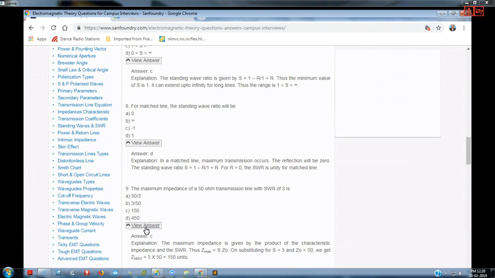If you take the other ratio, that is R0 by RL, you will get the minimum value, which is 50 by 3. But what is asked is the maximum impedance, so we take 50 into 3, that is 150 ohms.